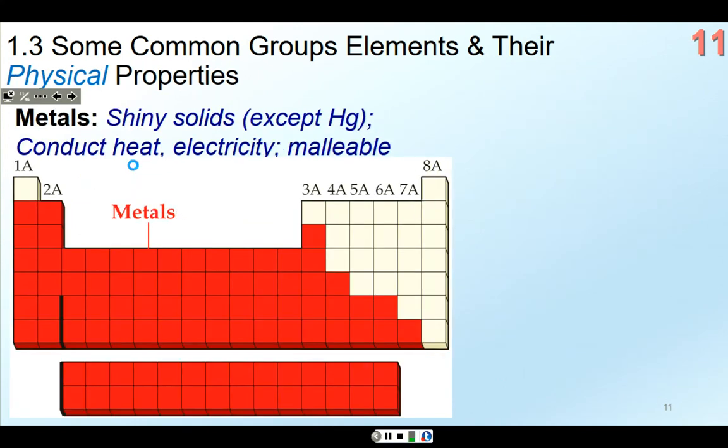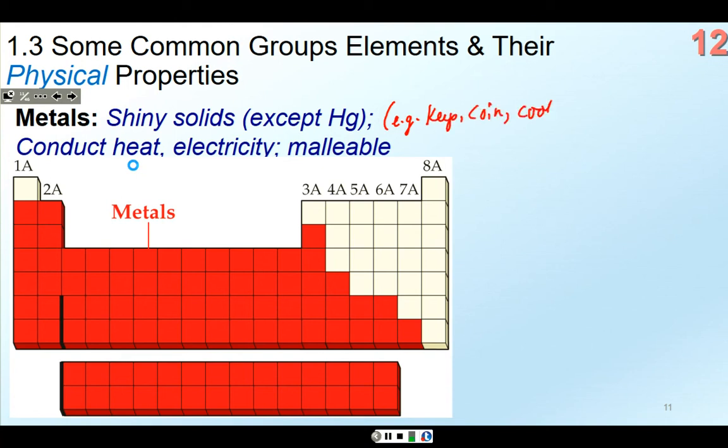Now, other things to know about parts and groups within the periodic table are naming and describing metals. Like I mentioned a little bit ago, metals are what you think about. They're shiny solids, except for mercury, which is a liquid. I always ask people to think in terms of things in your pocket, like keys and coins and metal cookware.